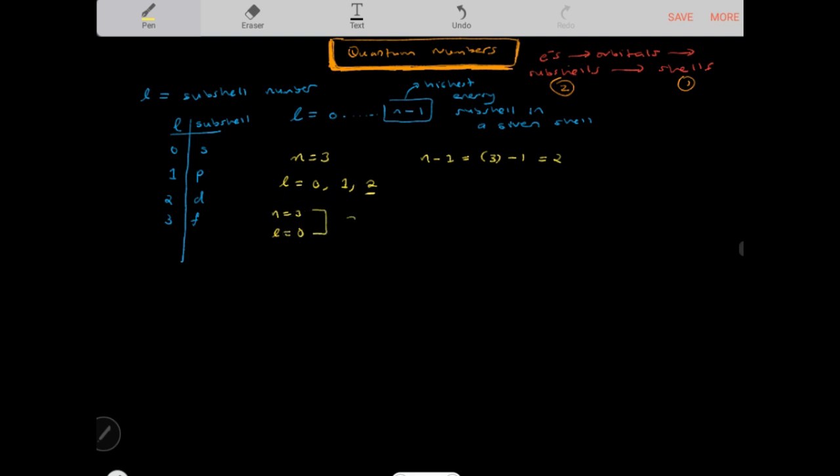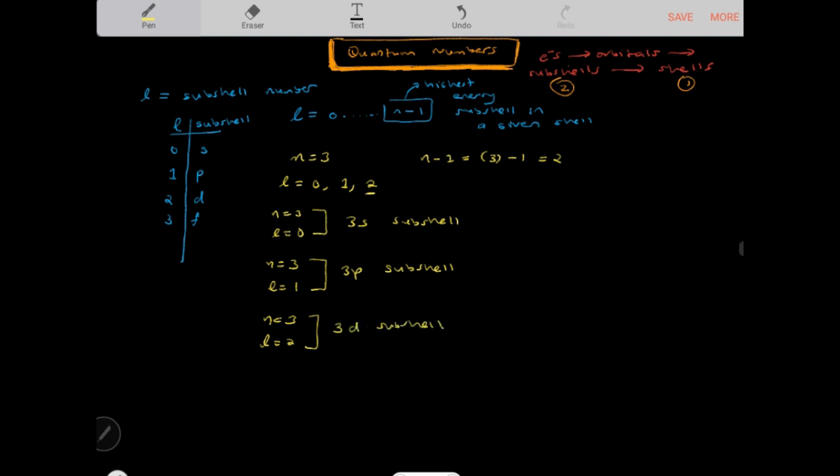This indicates the 3S subshell. It's the S subshell in the third energy level. When n is equal to 3 and L is equal to 1, this is the P subshell. So collectively, this is the 3P subshell. When n is equal to 3 and L is equal to 2, this indicates the 3D subshell.